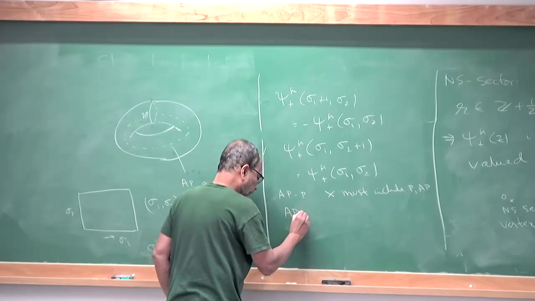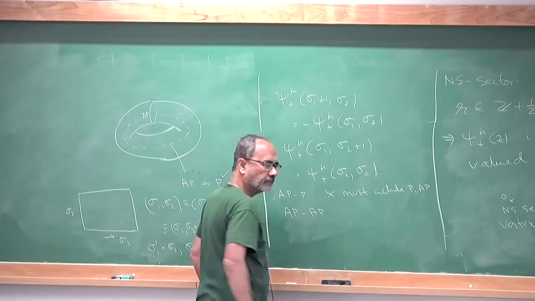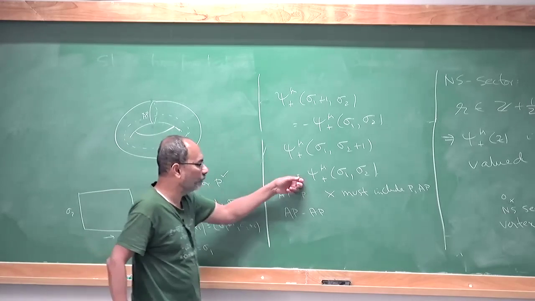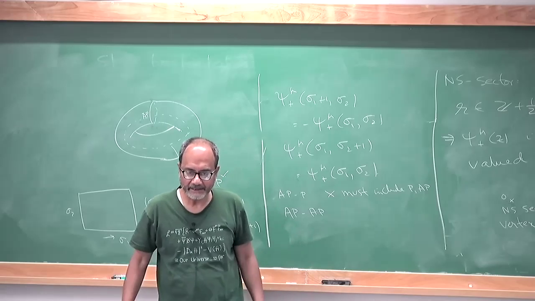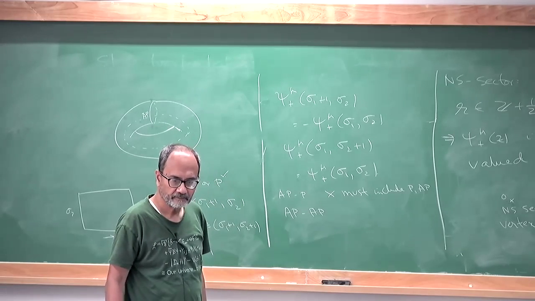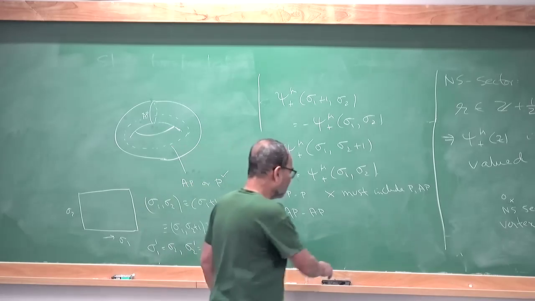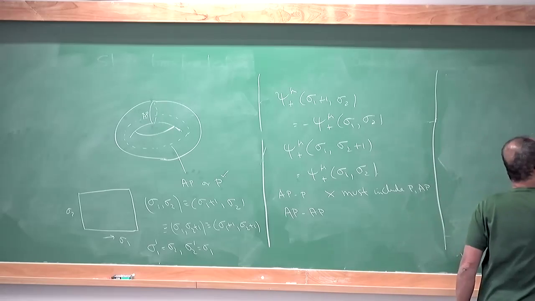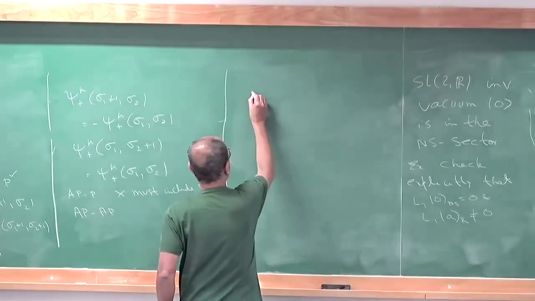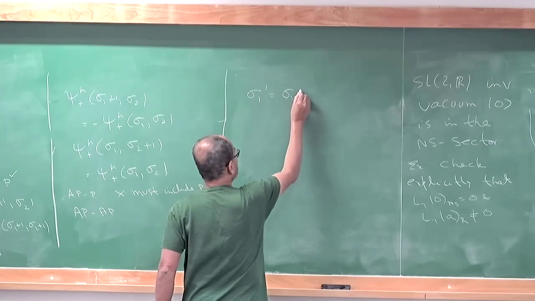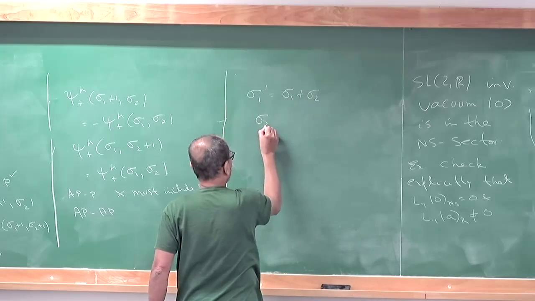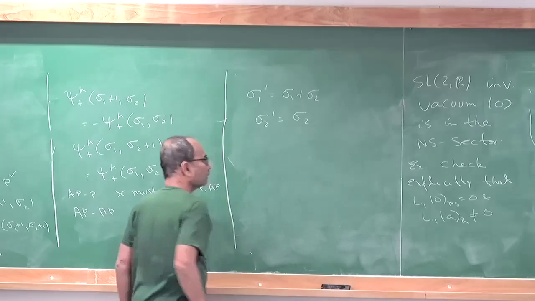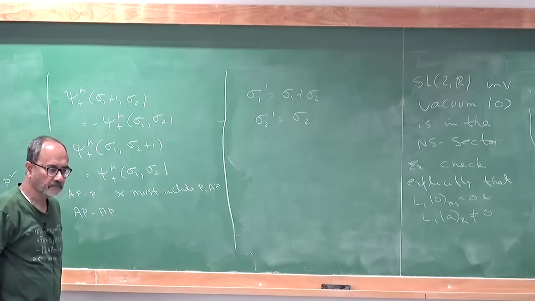What about this? This is allowed by this. Both minus signs is okay. But something else goes wrong, because you also have a transformation where sigma 1 prime is sigma 1 plus sigma 2 and sigma 2 prime is sigma 2.